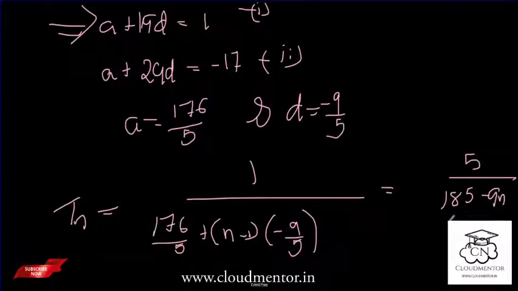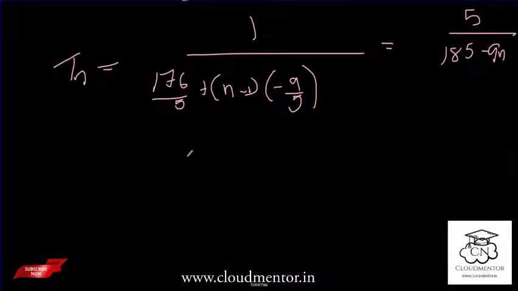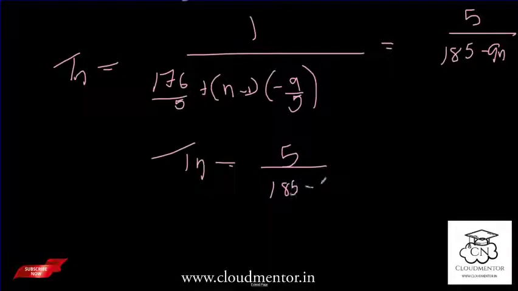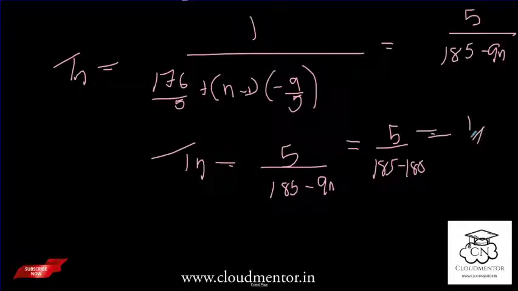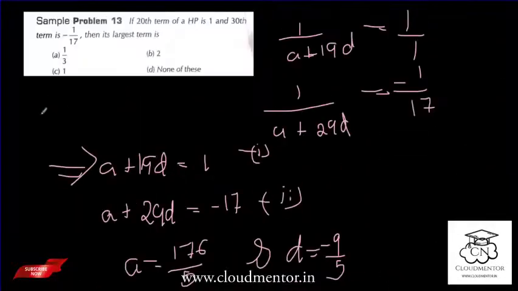Yes, it is possible only for 20, and hence we can write Tn equal to 5 by (185 minus 9n), that is equal to 5 by (185 minus 180), that is equal to 5 by 5, that is equal to 1. Okay, so the answer is 1. Answer is 1. So let's find it. Yes, it is here. Option C is the right answer.